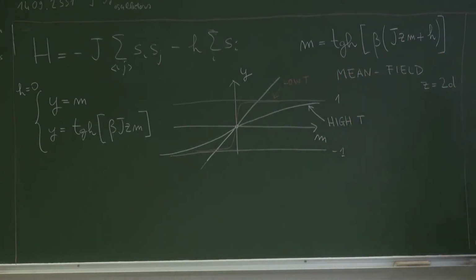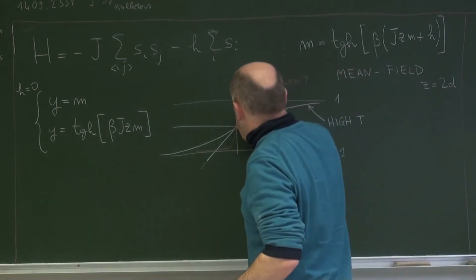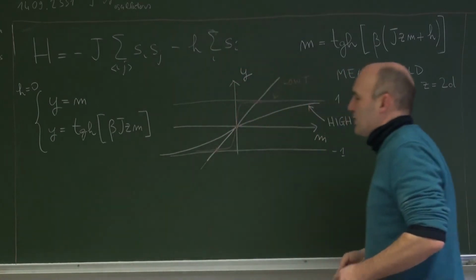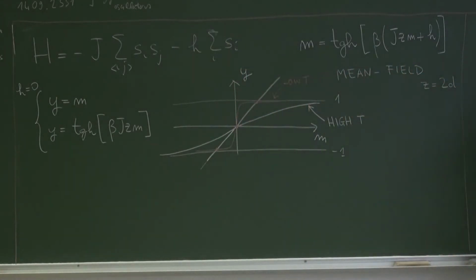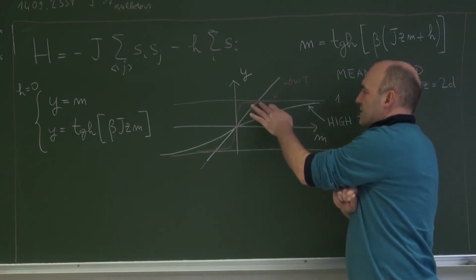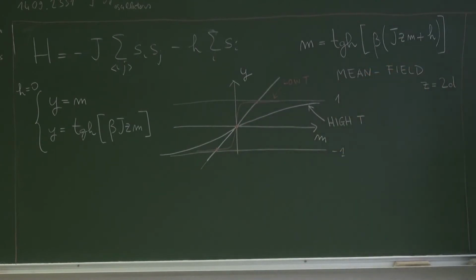So what does it mean? It means that at low temperature we have more than one solution. We have namely three solutions of our problem. Therefore, our problem admits spontaneous magnetization. Spontaneous magnetization is this intersection, which is there even in absence of a magnetic field.